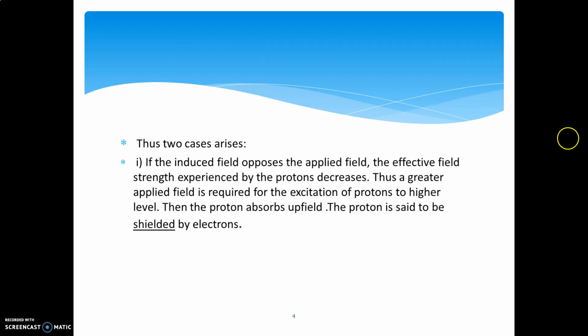These two cases arise. One is if the induced field opposes the applied field, the effective field strength experienced by the protons decreases. Thus, a greater applied field is required for the excitation of protons to higher level, and the proton absorbs upfield. The proton is said to be shielded by electrons.